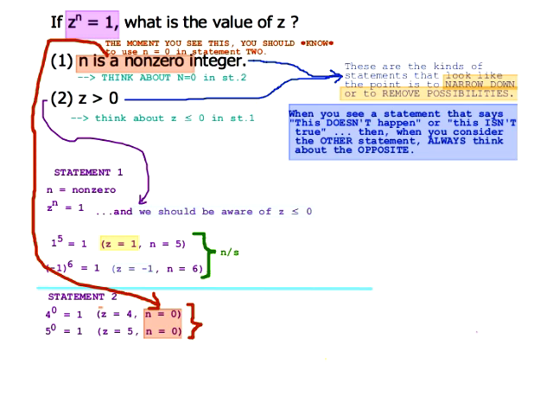So this is not sufficient because you have 2 different values of z. Okay. Now, if you combine the 2 statements, you're going to find out that the only way that you can do it is to have something like that.